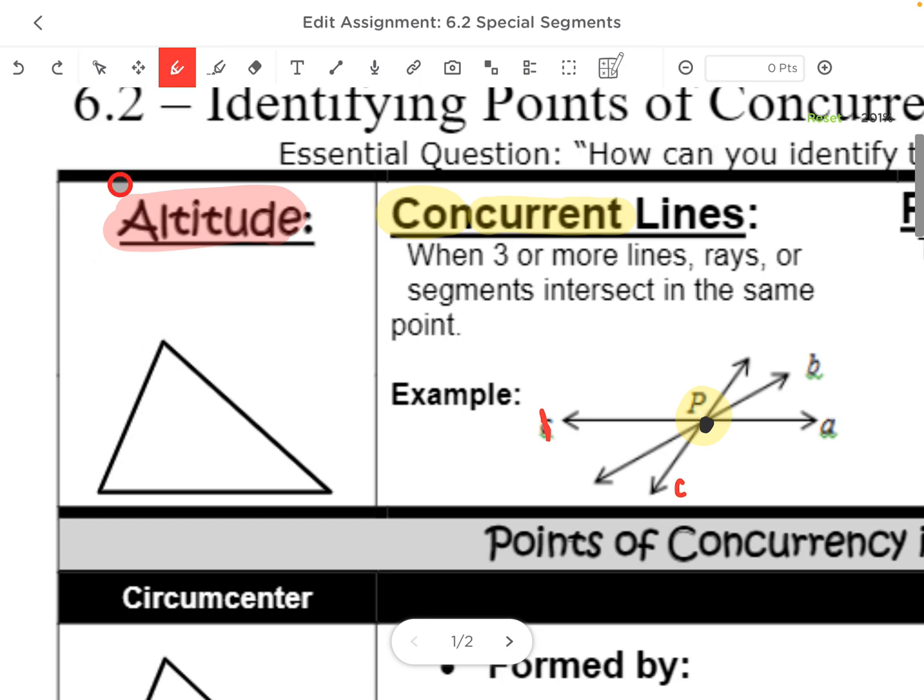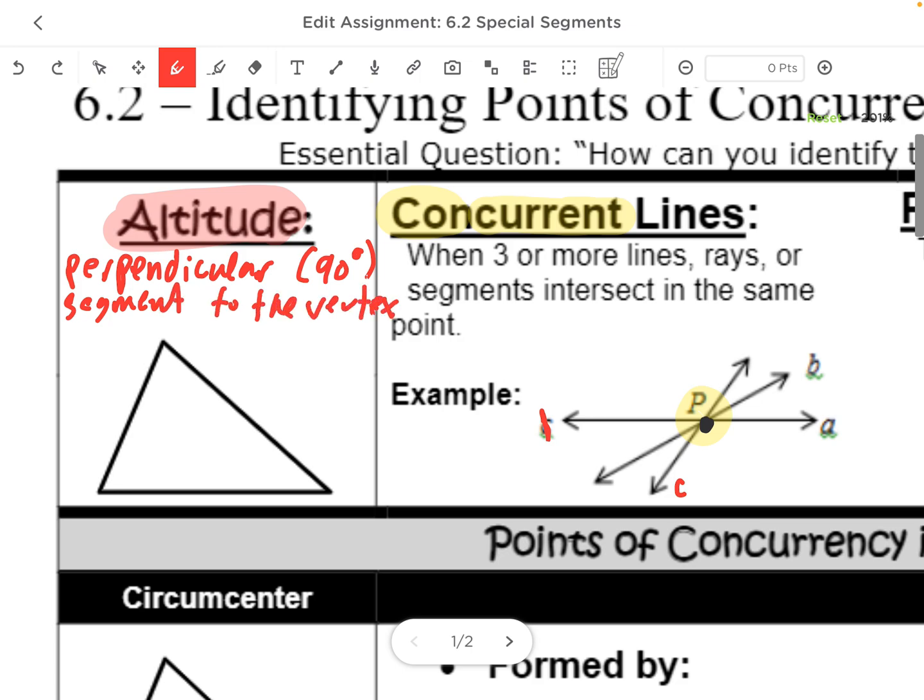So an altitude, we're going to describe it as a perpendicular segment to the vertex. Perpendicular means at 90 degrees. If we see over here, this is called a vertex.